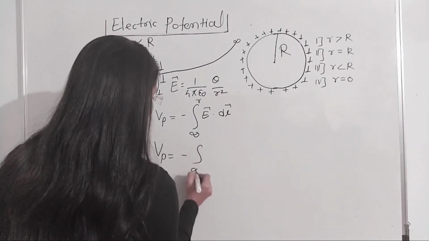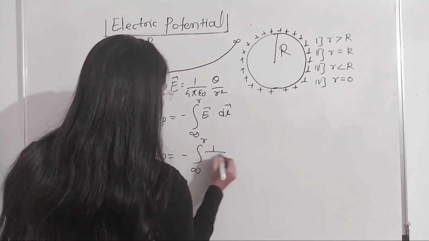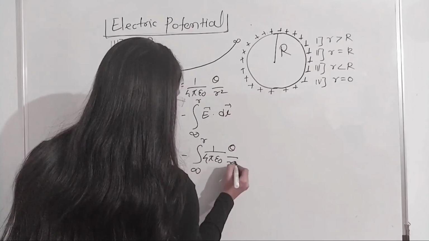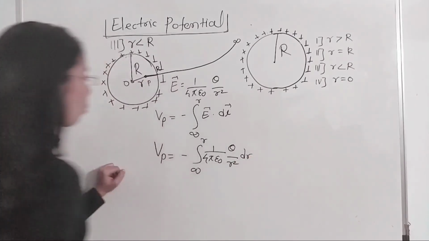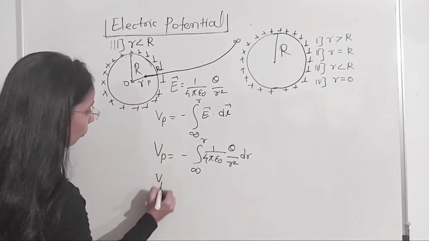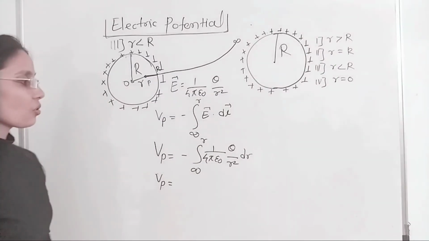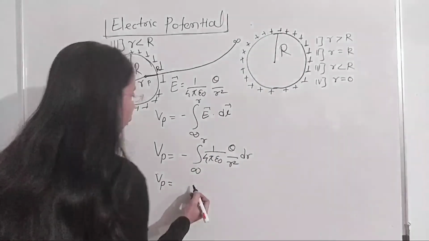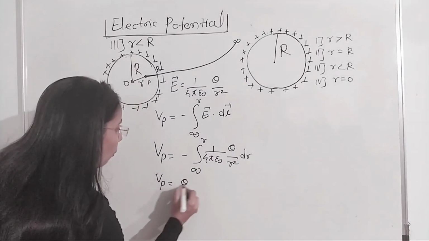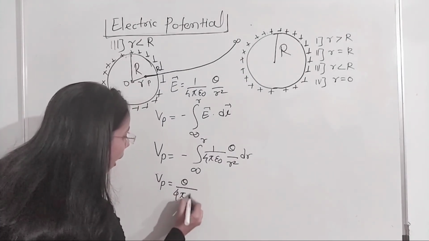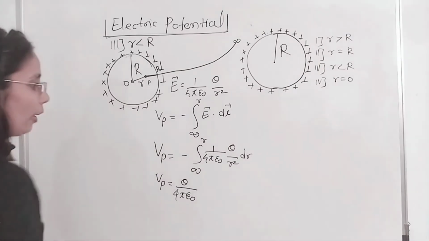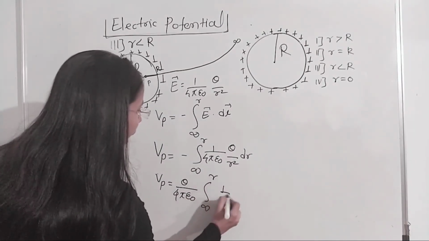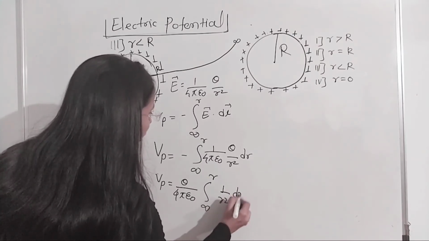So Vp is equal to minus integral infinity to r of 1 by 4 pi epsilon naught Q by R square dr. First we take the constant term outside the integration, that is Q by 4 pi epsilon naught, the integral of 1 by R square dr.